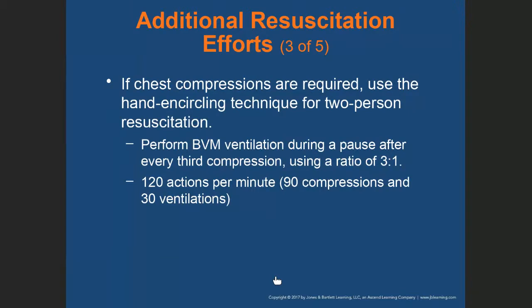That's 120 actions per minute. So what you're doing is 1, 2, 3, ventilate, 1, 2, 3, breathe, 1, 2, 3, breathe. So it's a ventilation after every 3rd compression, right? And reevaluate every 30 seconds.